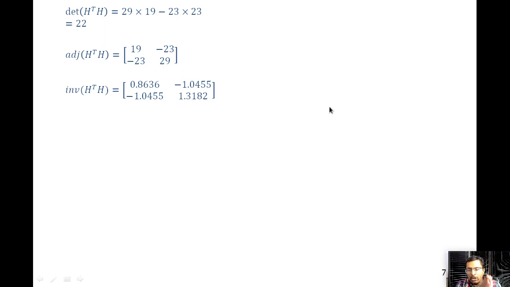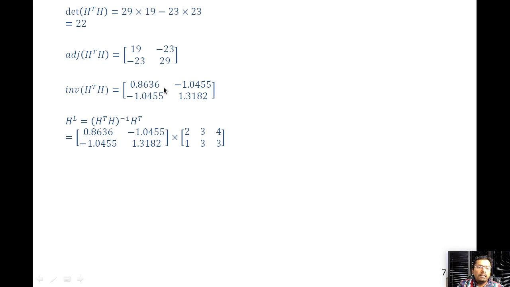So we have all of the steps lined up. So I have H transpose H inverse. Then I'm going to multiply this by H transpose to get the left pseudo inverse. So I get H transpose H the whole inverse times H transpose. So that is just this number here times the H transpose that we calculated. So we multiply, you get this times this plus this times this.